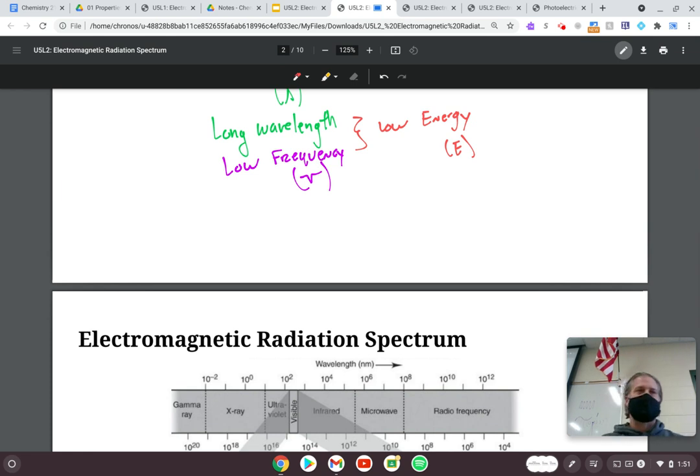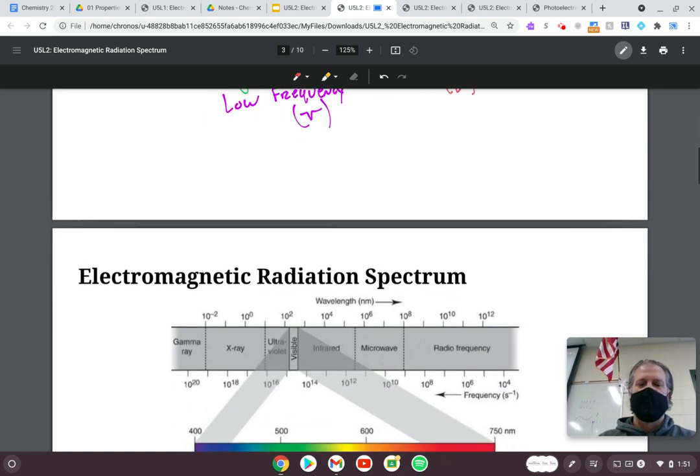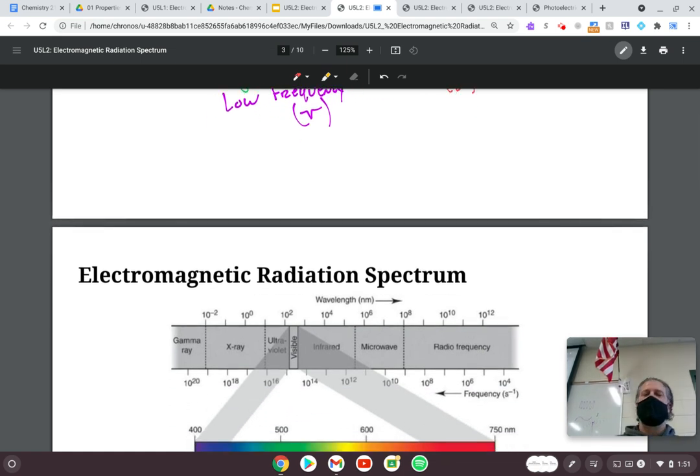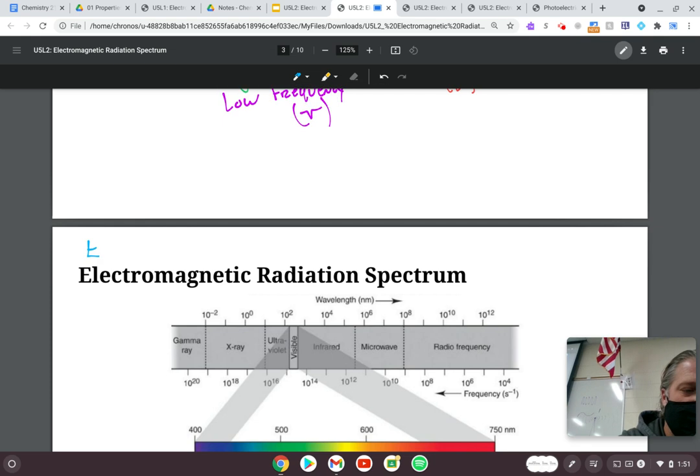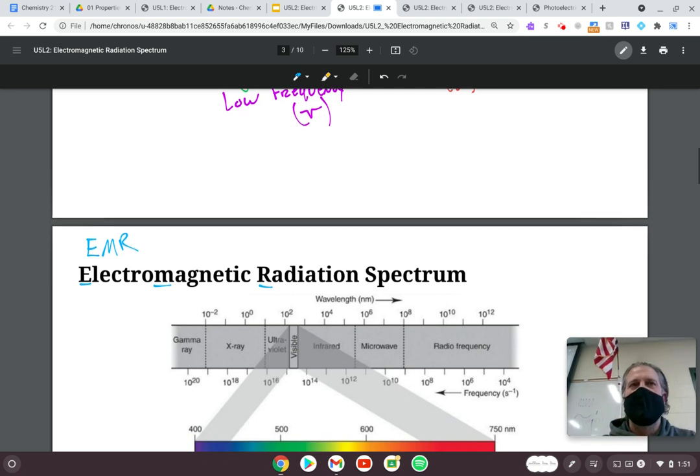Now, this electromagnetic spectrum is sometimes referred to as the EMR spectrum, electromagnetic radiation spectrum.